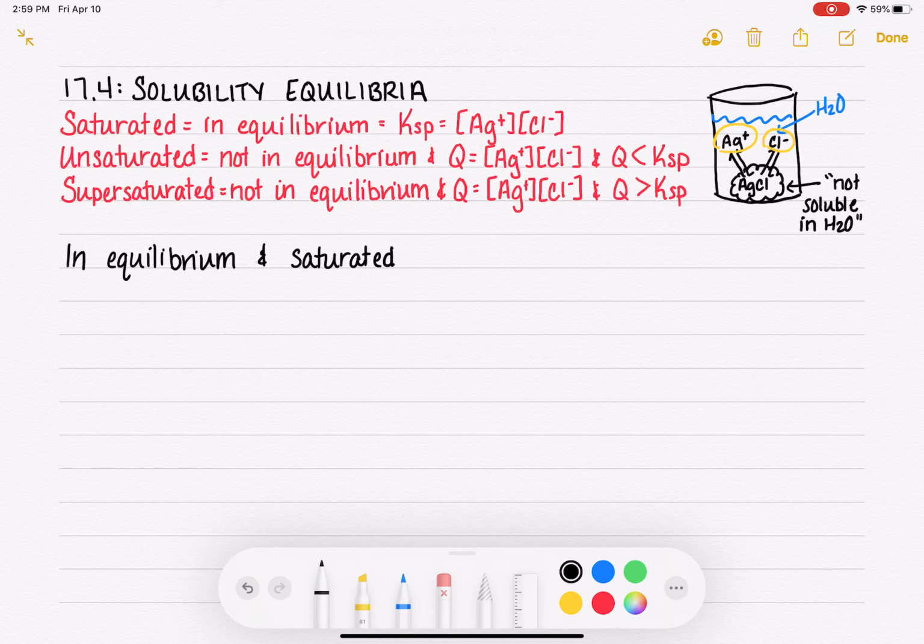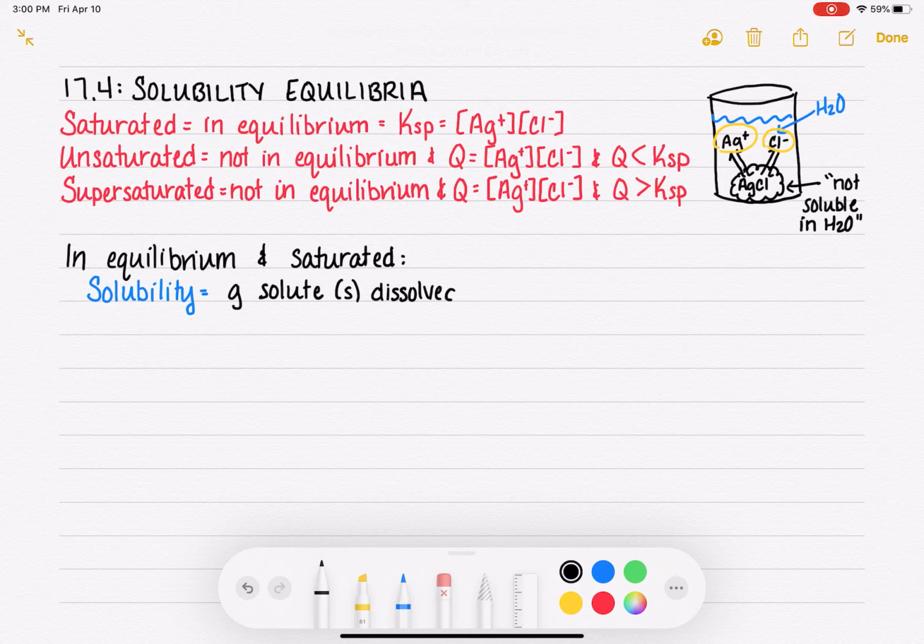We have two different ways of expressing how much substance has actually dissolved and dissociated. One way that we can express this is the solubility. The solubility is defined as the grams of the solute, the substance that is the solid, that has actually dissolved.